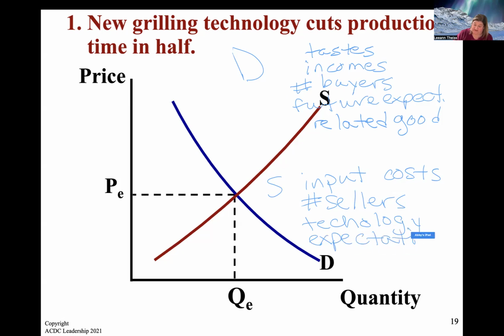That one affects both buyers and sellers. And then the last one is government actions like subsidies and taxes. So make yourself a little cheat sheet over to the side so that you can have these written down to utilize while we're working our way through these shifts.